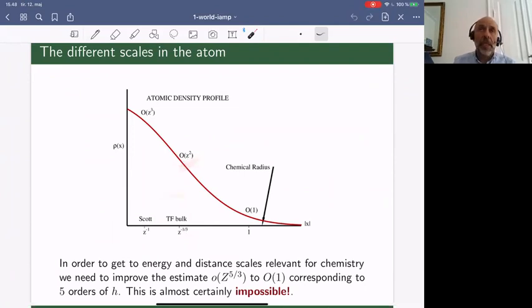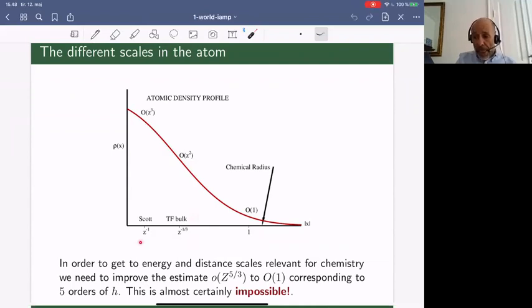If you remember, this was how the Thomas-Fermi density was scaling, but it's also clear that if you are at z to the minus 1/3 and most electrons live there so that the total number of electrons is z, well, the volume at radius z to the minus 1/3 is of course z to the minus 1. And therefore you need a density z squared in order to have exactly z electrons. So you have z electrons on this scale.